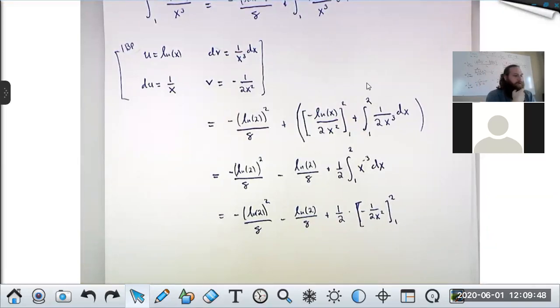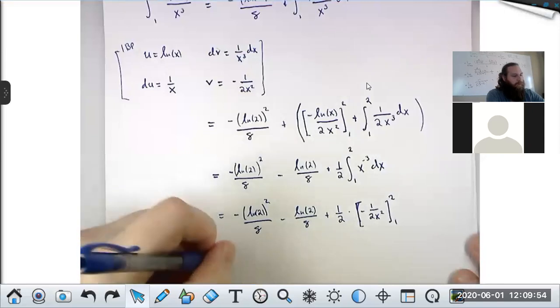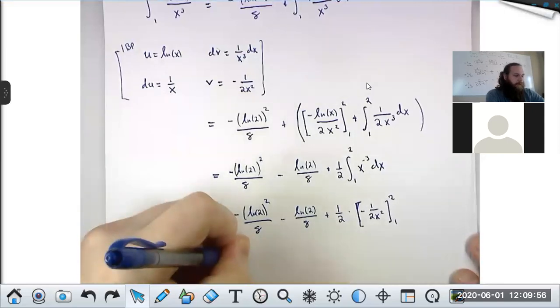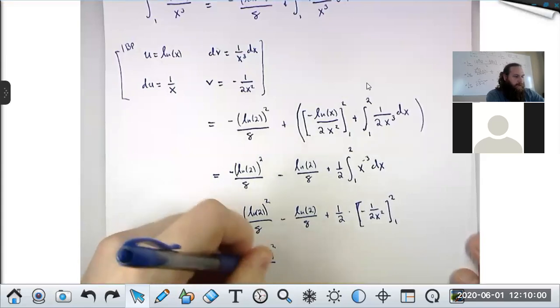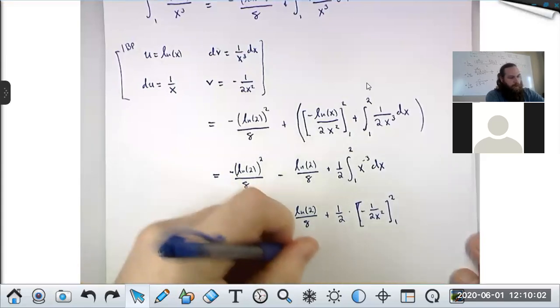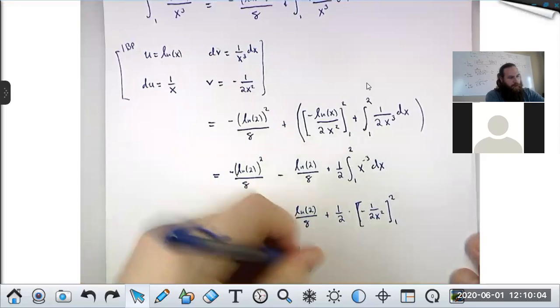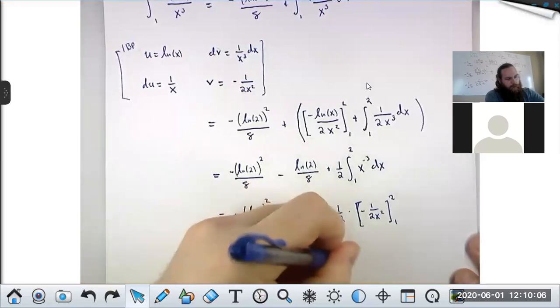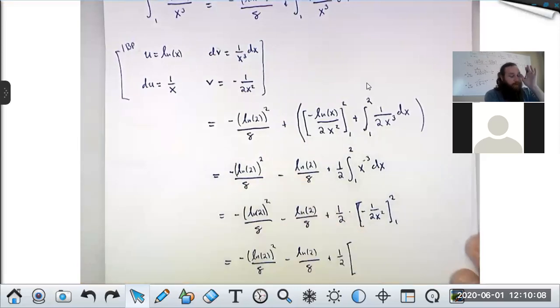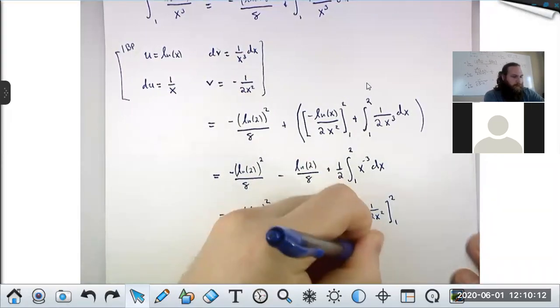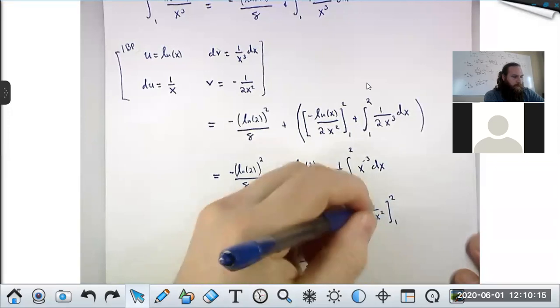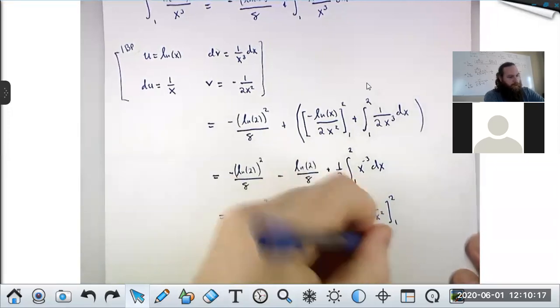So we're almost done. Here I do get a contribution from both the upper and lower bounds, so we'll be a little bit careful. Negative ln2 all squared over 8 minus ln2 over 8 plus 1/2 times. When I plug in my upper bound of 2, I will get negative 1 over 2 times 4 is 1/8.